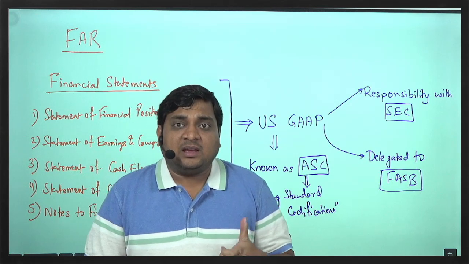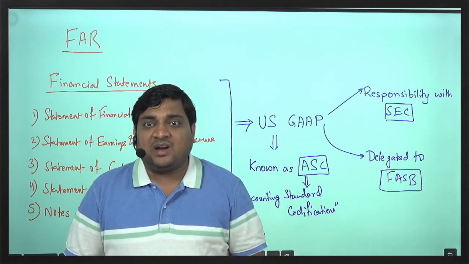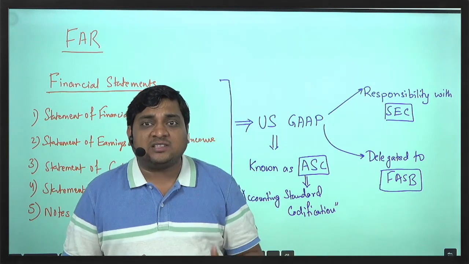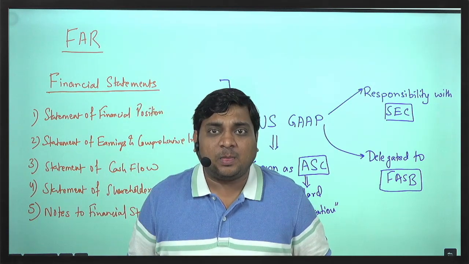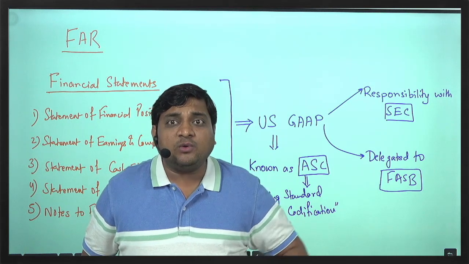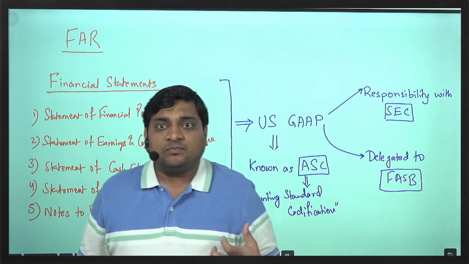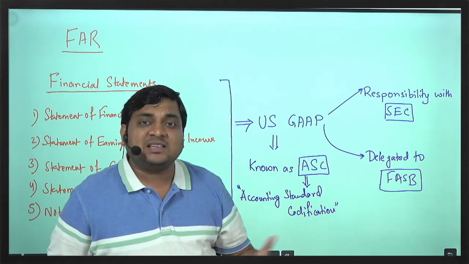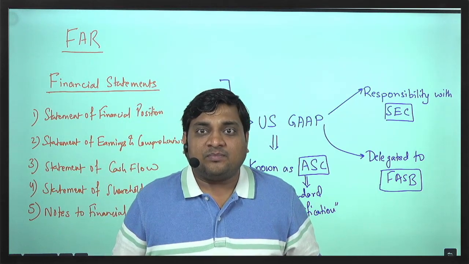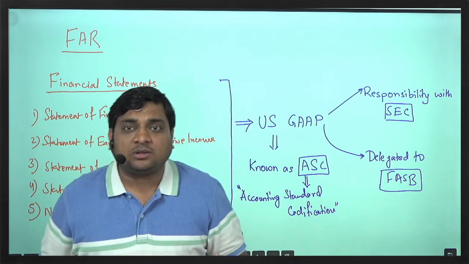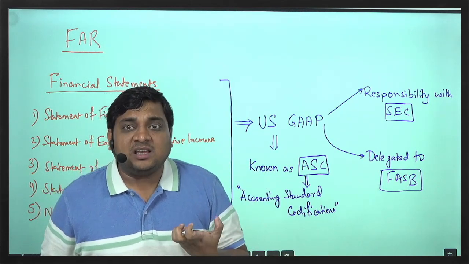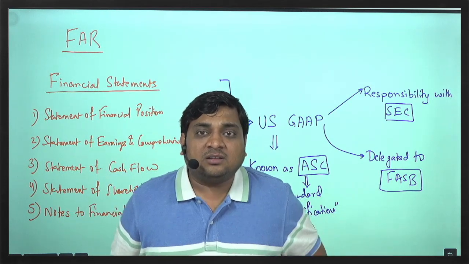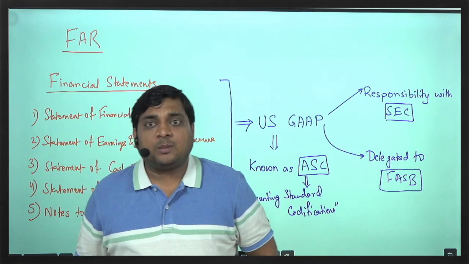Financial accounting is all about classifying, recording, summarizing financial data. Now, what do you record in financial accounting? You record business activities like purchase, sale, and you find out what is the profit that we have earned in these business transactions.